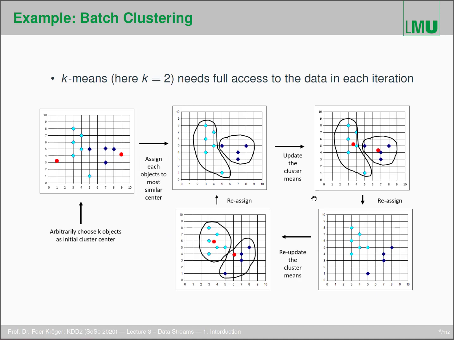And here are the examples for batch learning. For k-means, we see that k-means needs full access to the data in each iteration, because, well, you know that you start off with some random models, and then you assign each point to the cluster representatives, then update the cluster models, the cluster representatives, reassign the points, update the cluster representatives again, reassign the points, and so on and so on.